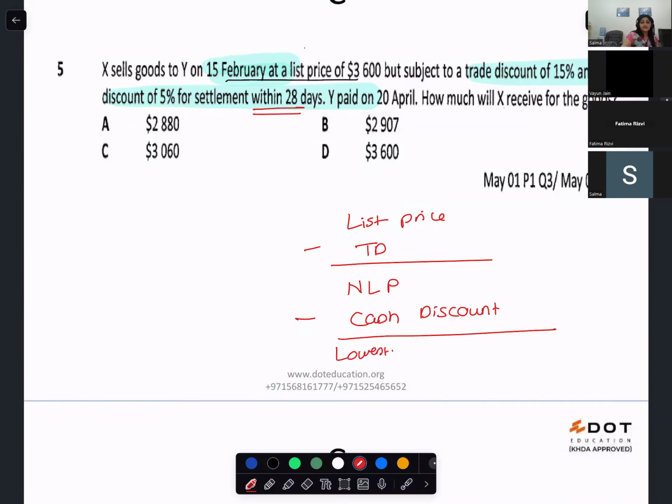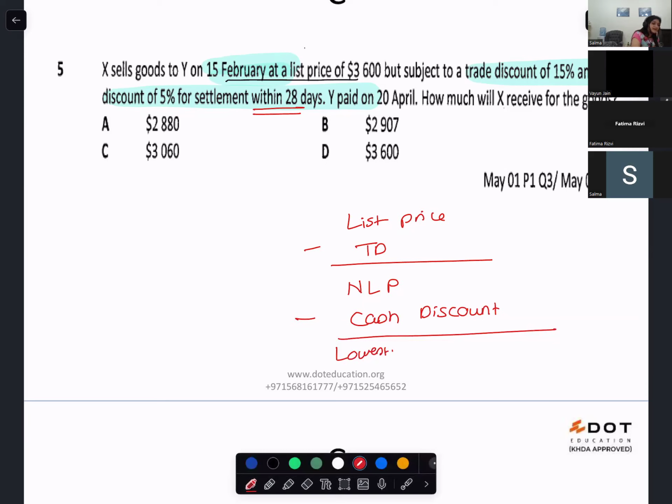Cash discount is given when? When is cash discount given? Not sure, miss. Okay, when our person pays in cash.